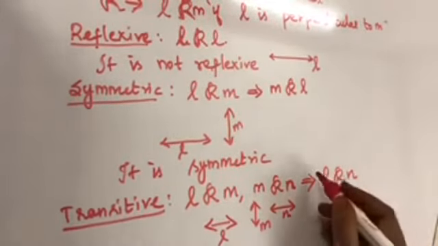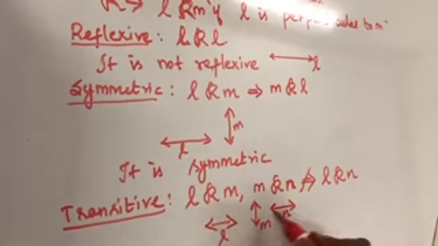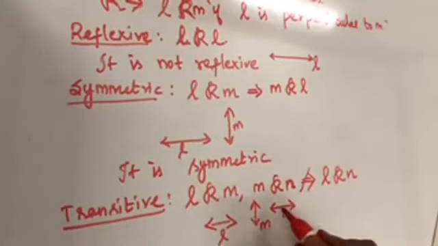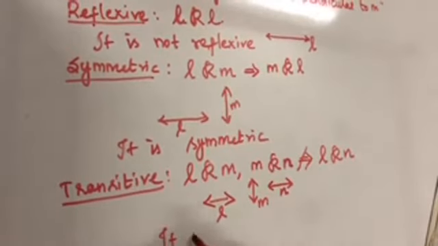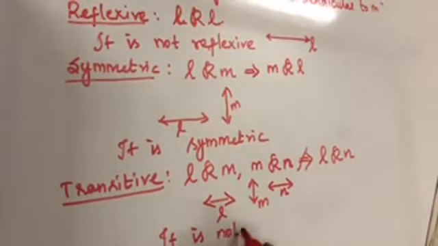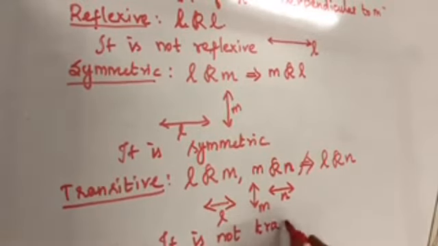No. Because if both lines are perpendicular to M, that means L and N are parallel. So it is not transitive.